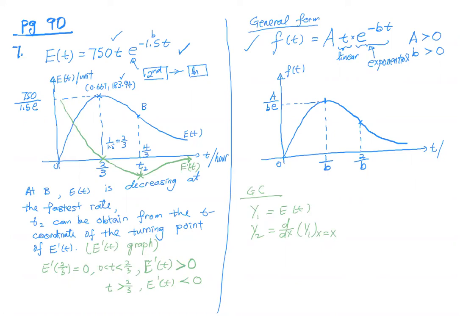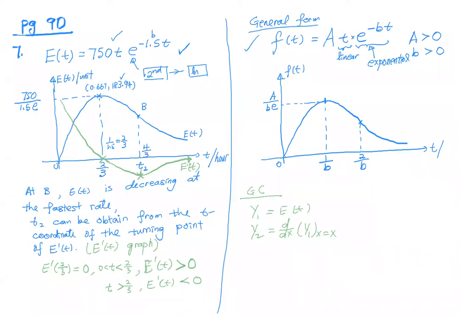Are you in my class? Yeah, just read. 750 divided by 1.5 divided by e. Yes, we got the number. So the number is correct. You see how wonderful.